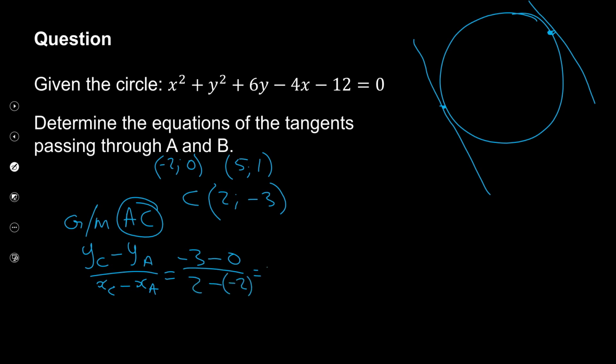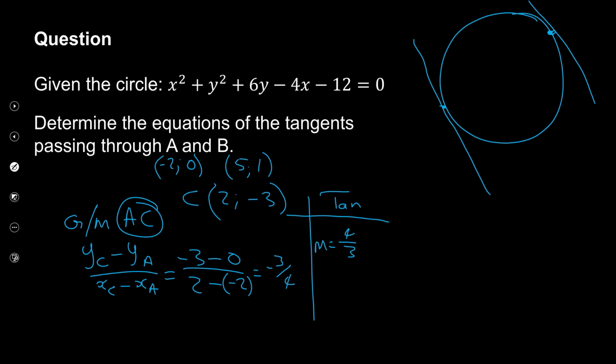This will simply be minus 3 over 4, right? If that is the case, for the tangent, because they're perpendicular to each other, the m of this equation will simply be a positive 4 over 3.